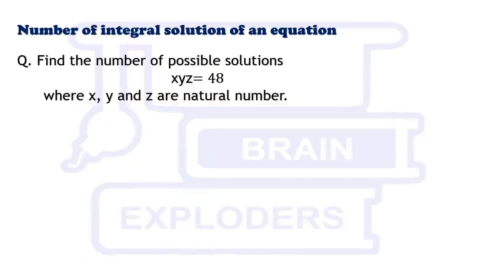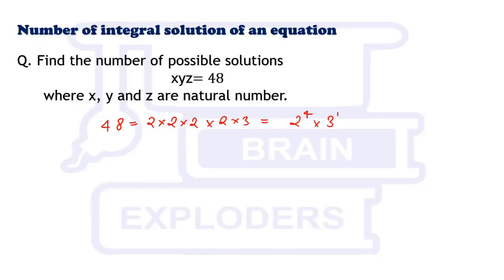Find the number of possible solutions of x, y, z such that xyz is equal to 48, where x, y and z are natural numbers. 48 can be written as 2 times 2 times 2 times 2 times 3, which is equal to 2 raised to the power 4 times 3 raised to the power 1.